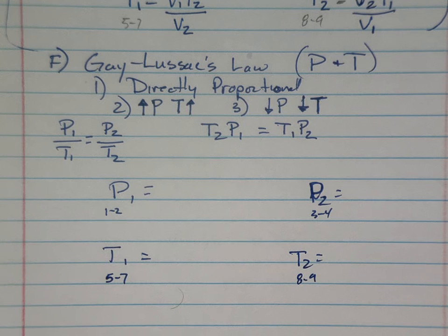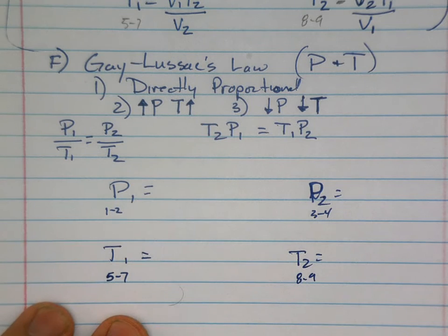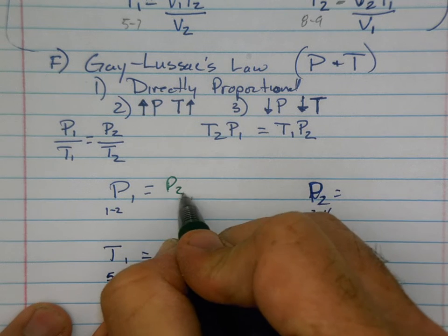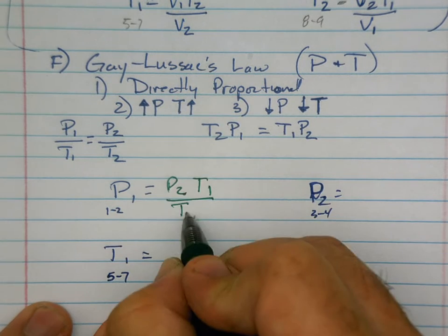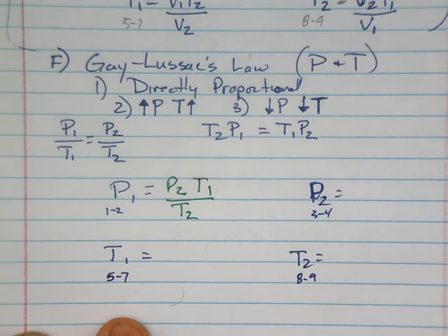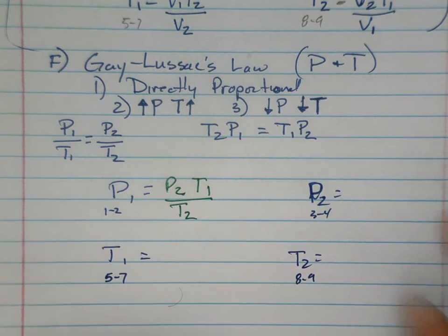All right, so now, when we go through this, hopefully we found out groups 1 and 2, hold up your boards. Hopefully you have pressure 2 times T1 divided by the new temperature. And for groups 3 through 4, hold up your boards.